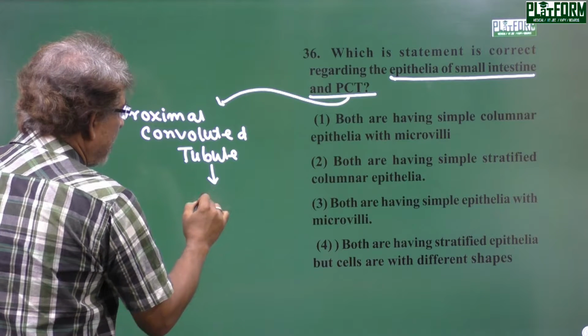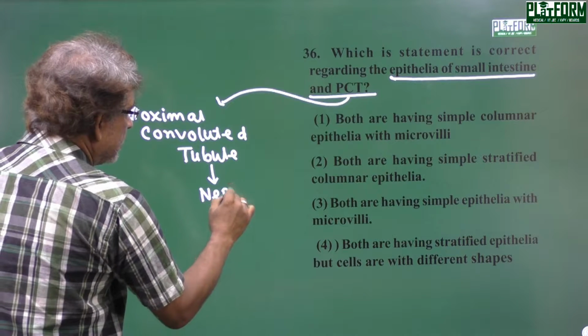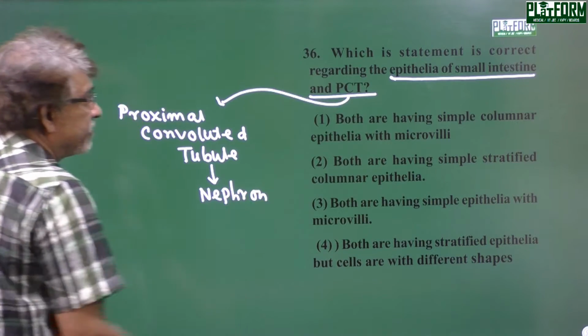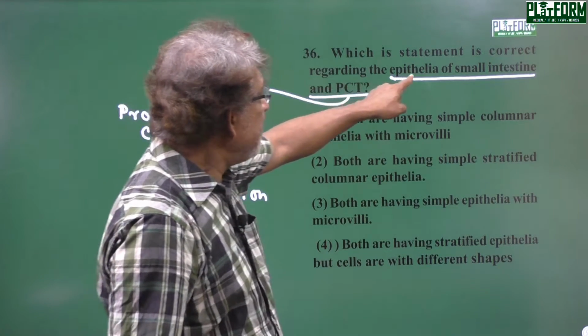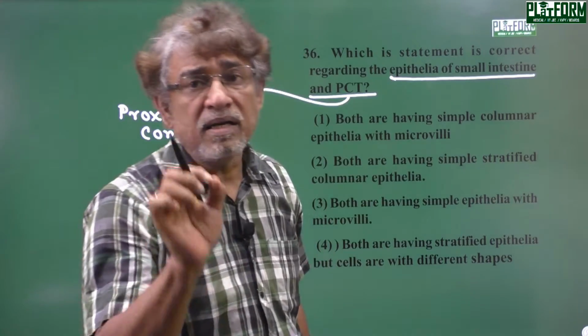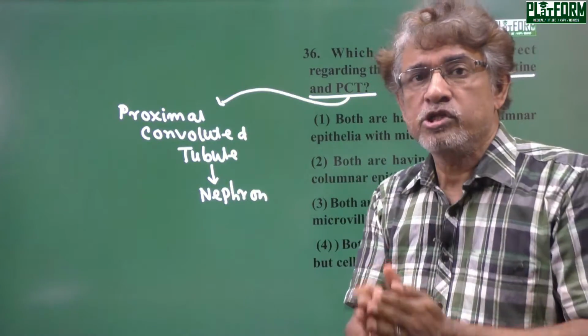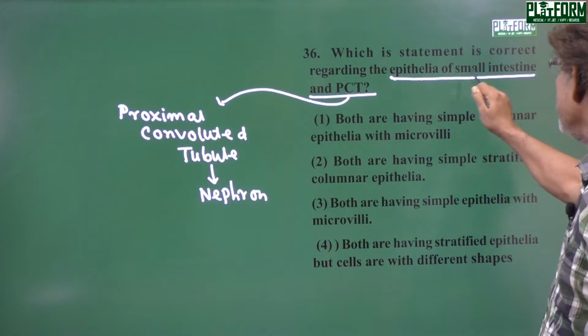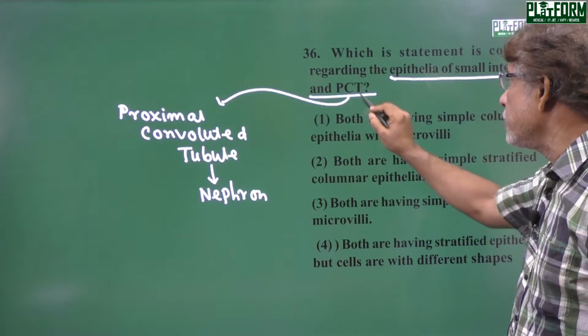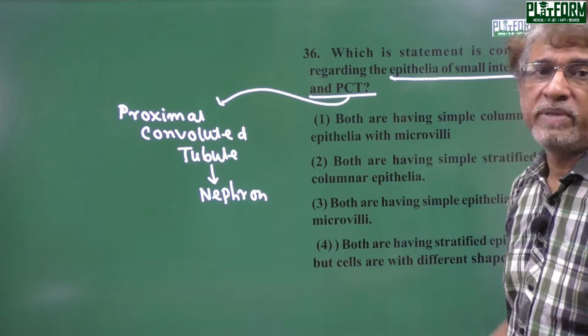It is the part of nephron. And epithelia of small intestine. What are the common functions of epithelia of small intestine and proximal convoluted tubule of nephron?